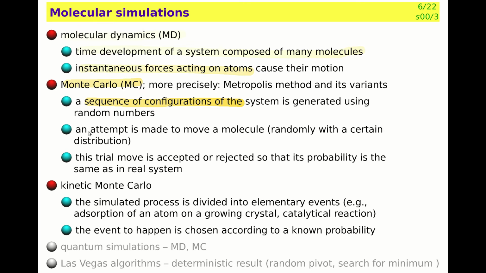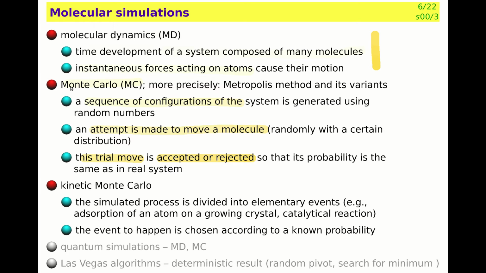That is, we make an attempt to move a molecule in a certain way, and then this so-called trial move is either accepted or rejected. And the rules how to accept or reject are devised so that we'll get the same probability distribution as in the case of molecular dynamics.